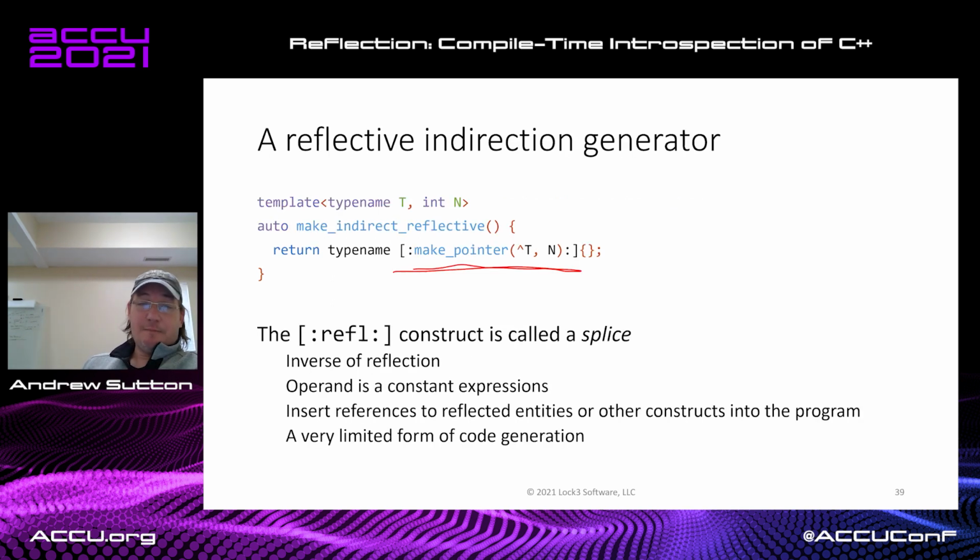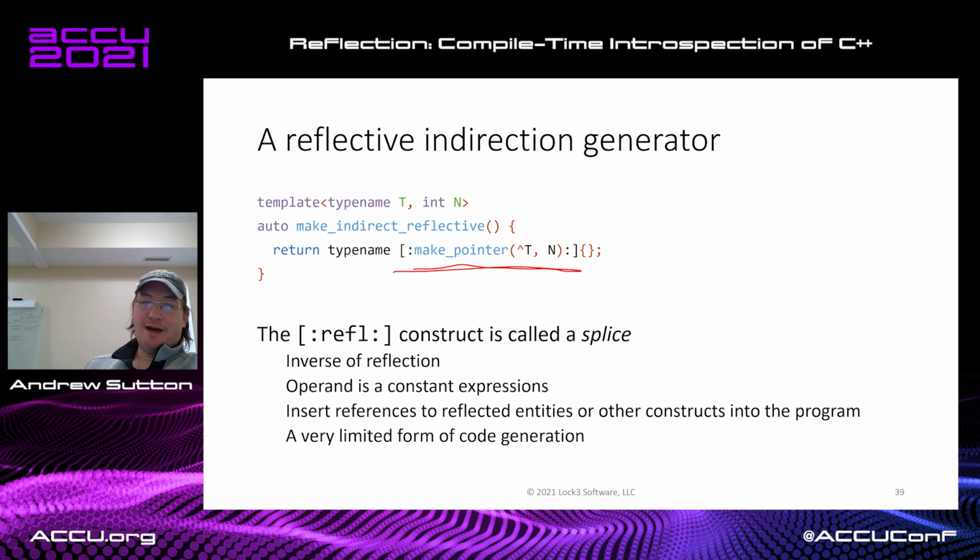Okay, so the thing returned by that function, just computed by a simple loop, falls back into this thing with these weird little brackets. These brackets are called a splice. It is the opposite of reflection. If you think about reflection as lifting things into this metaprogramming part of the language, which is really just constant expression evaluation, then splicing a reflection will give you back syntax, essentially.